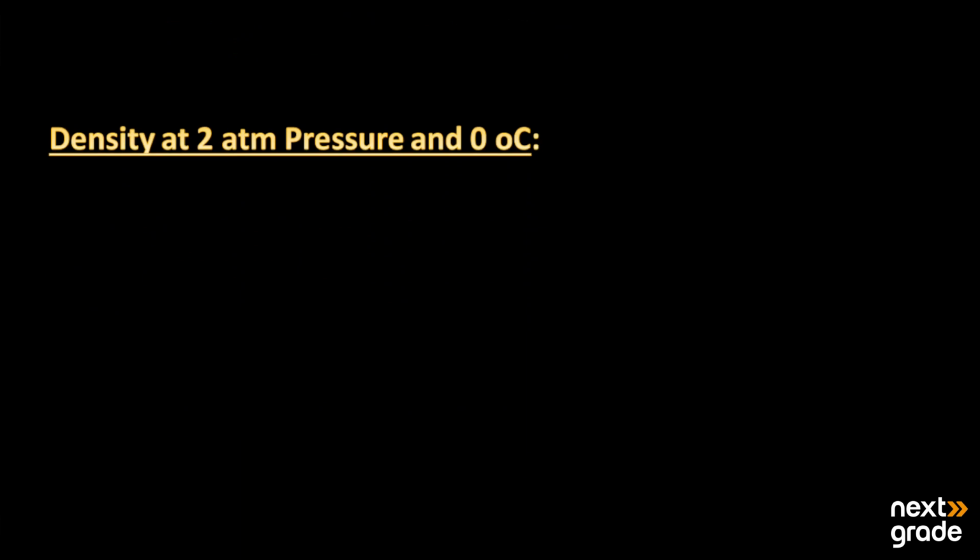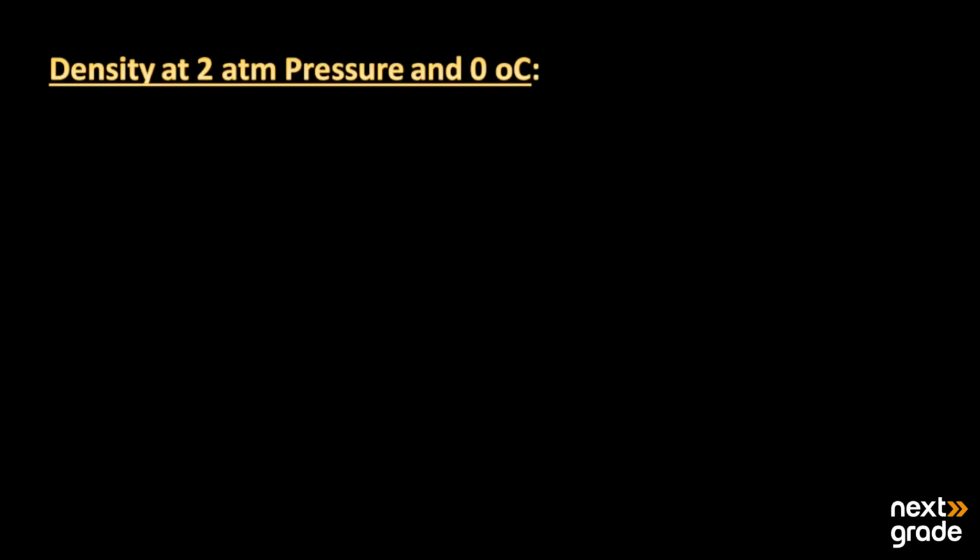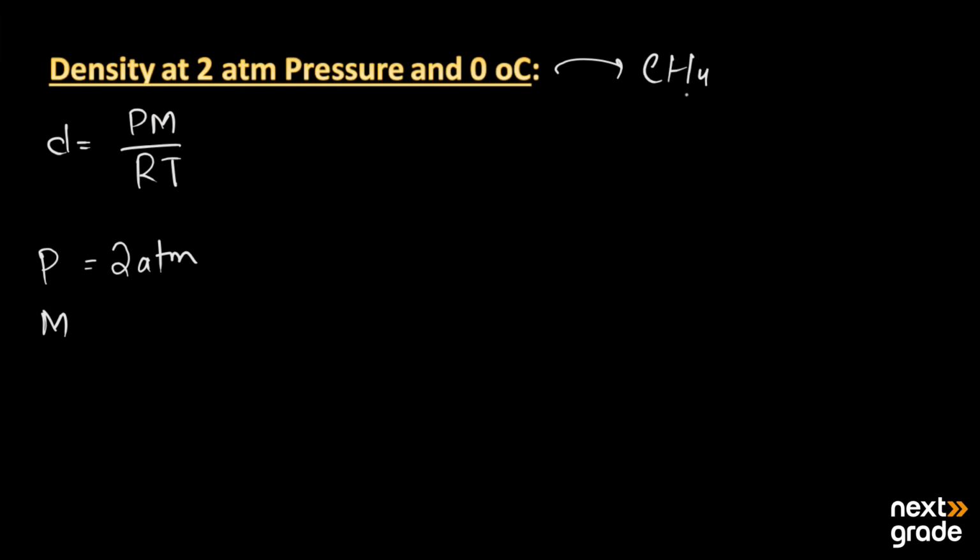After that, we look at the density at 2 atmospheric pressure and 0 degrees Celsius. Now we are going to change the pressure. The same equation applies, D equals PM over RT. Here the pressure is 2 atm, and the gas we are going to use is methane, CH4, with molar mass 16 gram per mole.